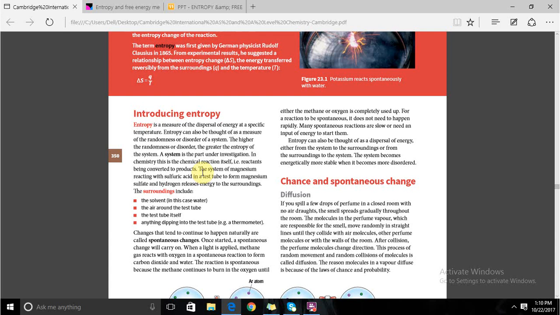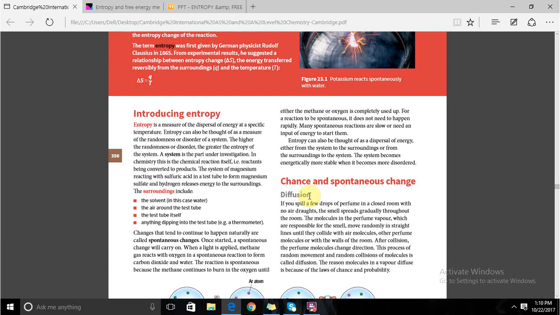For this to continue, there is no push required. However, for this reaction to begin in the first place, we do need an initial input of energy, and this initial input is often light. Hopefully you're a bit clearer on spontaneous reactions, and that they can be a quick or a slow process.